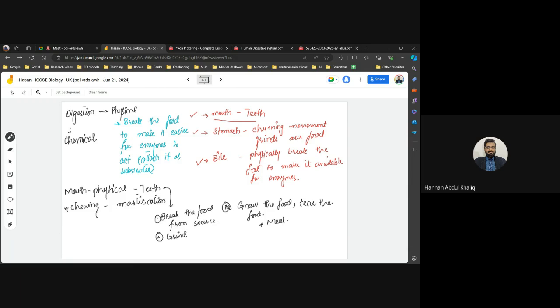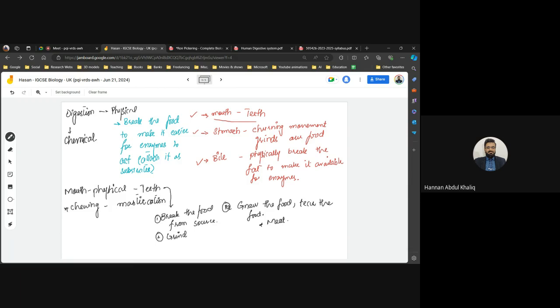See, remember, the breaking of the food from the source can be applied to any kind of food. Suppose you are just taking a bite from an apple. Do you need to gnaw it or tear it? No, you don't need to tear it. You just hold it with your teeth and you pull the apple back, and that's all. Just like the banana.